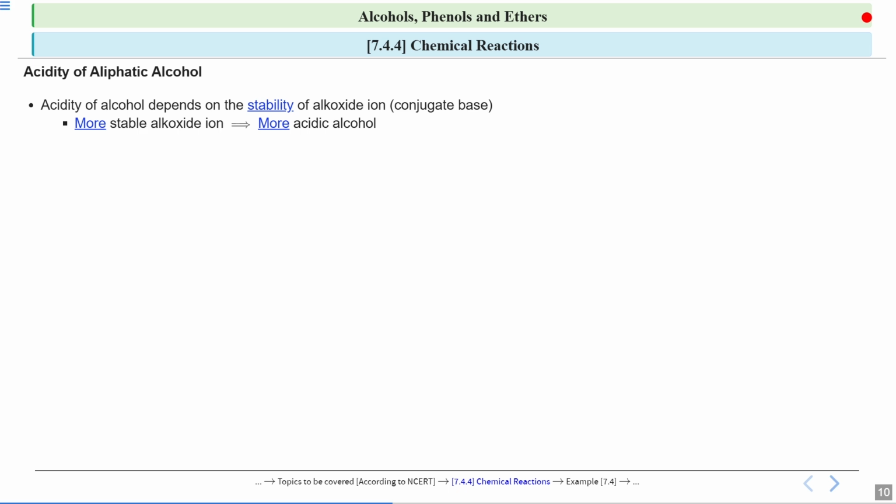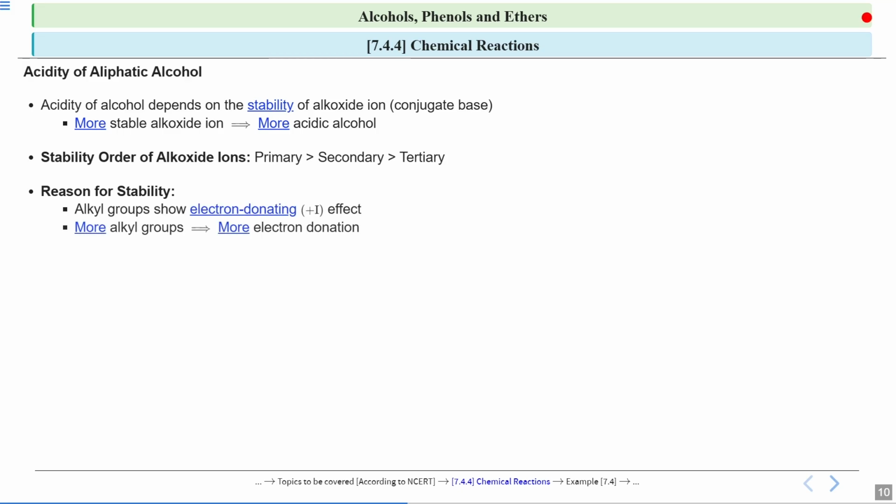So phenols were more acidic. So the more stable the alkoxide ion, the more acidic the alcohol. The stability of alkoxide ions follows the order primary, secondary, and tertiary.